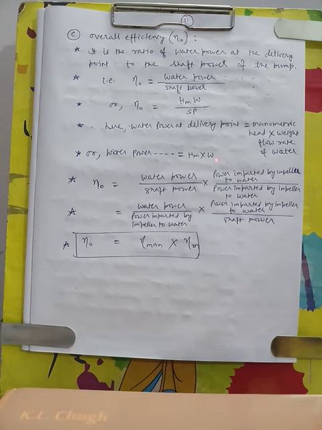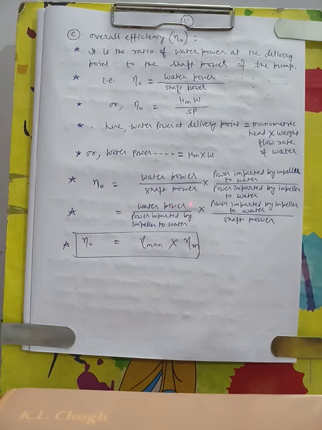And we can write the overall efficiency as water power divided by shaft power, multiplied by power imparted by the impeller to the water divided by power imparted by the impeller to the water. There will be no change in the value of the equation if we divide and multiply by the same thing. Now water power we take with the power imparted by the impeller to the water, and the power imparted by the impeller to the water we take with the shaft power.